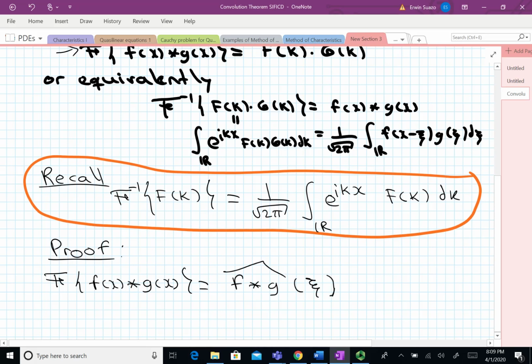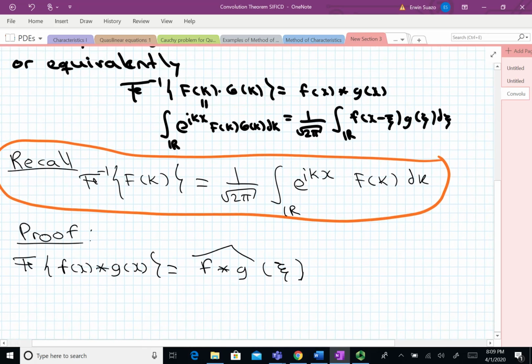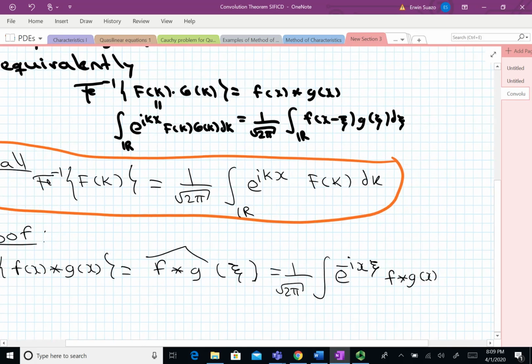I want to get you used to that notation too. So this is 1 over the square root of 2 pi by definition of the Fourier transform, integral of e to the minus i x zeta times the convolution of f and g, dx. Okay, so that's definition. I haven't done anything.